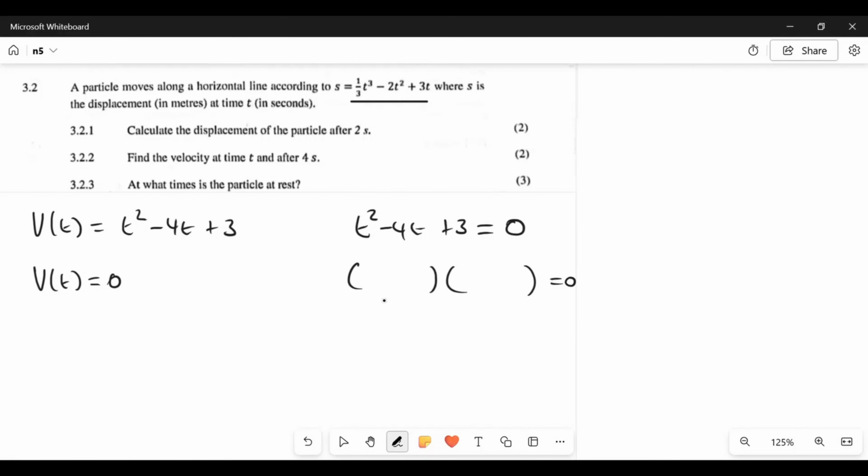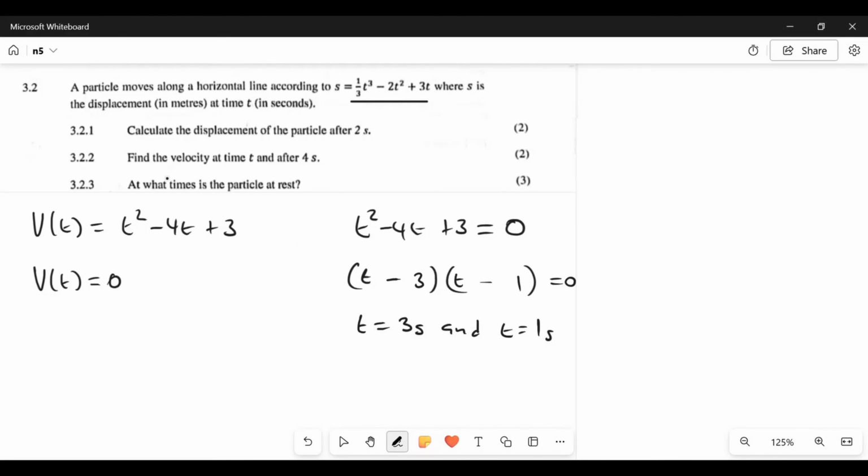Let's open the bracket. So we know that the factors of t squared is t and t, but the factors of 3, when you add them, they give you 4. It's 1 and 3. So 1 and 3, when you multiply them, they're going to give you 3. But when you add them, they're going to give you 4. But we need to put negative and negative there. So when we continue, our time is going to be 3 seconds and our time is going to be 1 second.